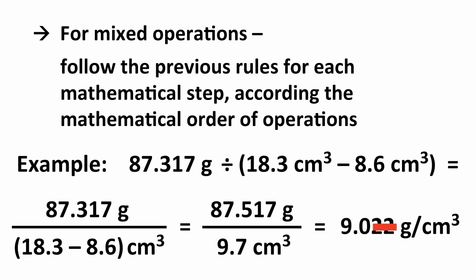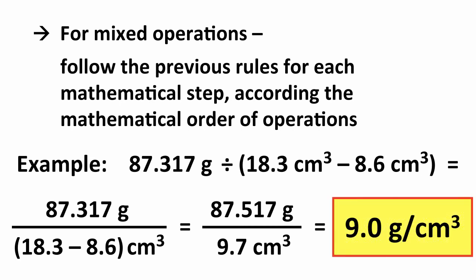And so we round off to 9.0, and of course the units are grams per cubic centimeter. Notice that's 2 sig figs, and yes, the 0 needs to be written. That's a significant figure. It's not 9.1, it's not 8.9, it's 9.0, and we know it's two significant figures.